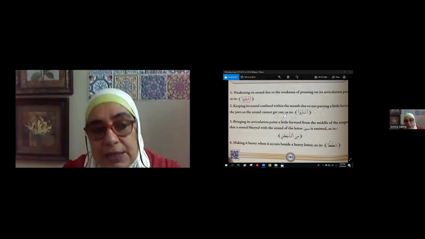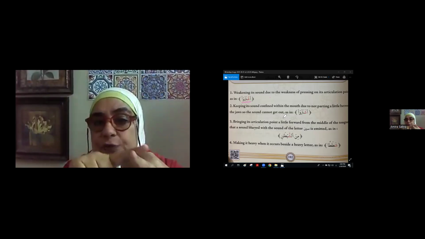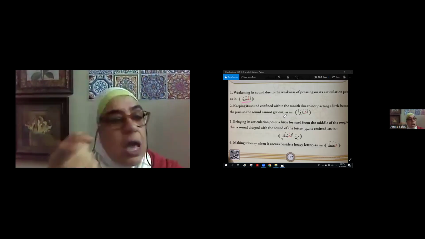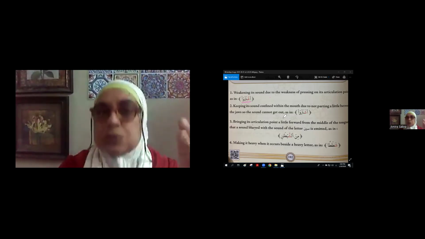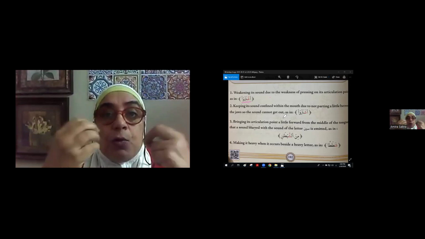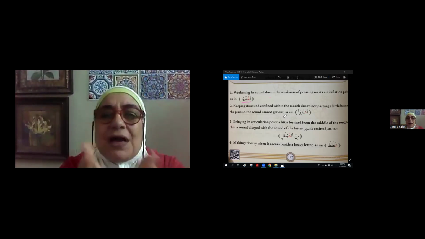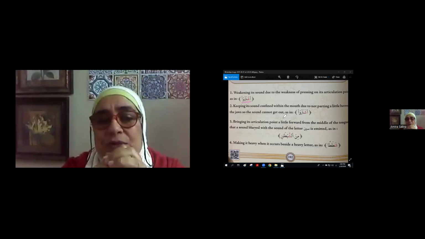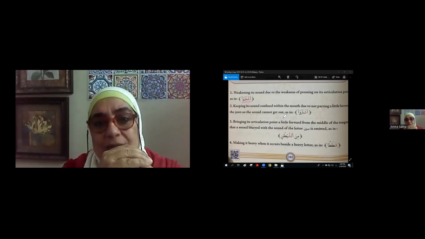Which means, regarding number two, my dear sister, pay attention: even if I pronounce the sheen from its articulation point properly and apply all the characteristics properly, the sound of sheen will be produced not nicely. It will be confined because it's already confined within the mouth due to not parting the two jaws.